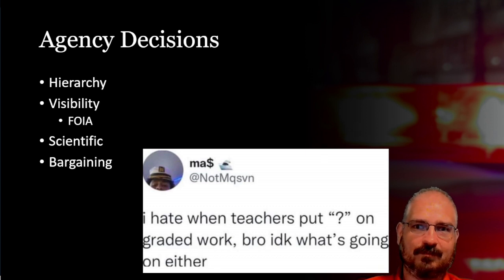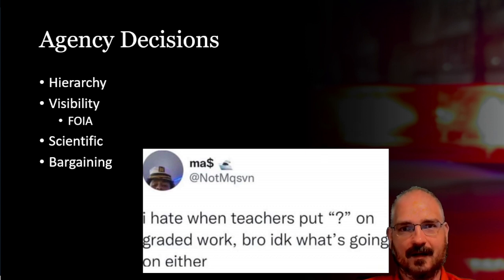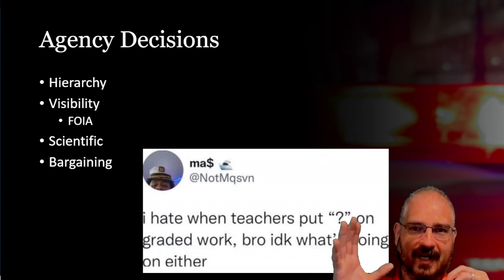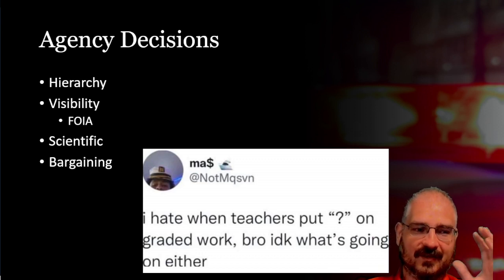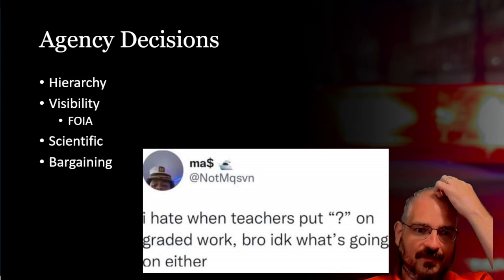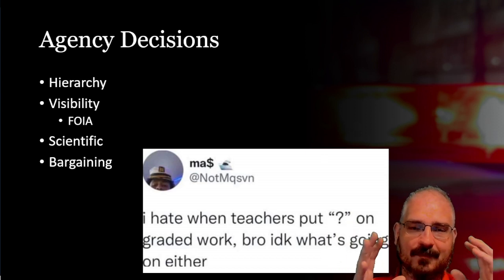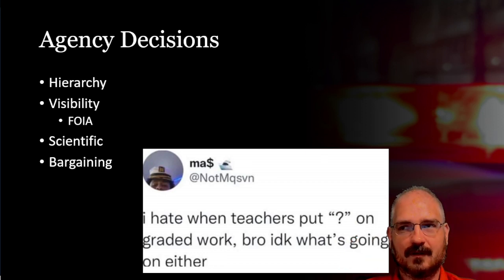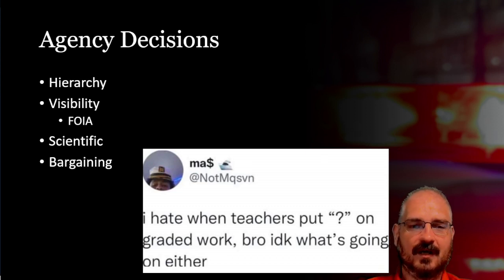And then, of course, there's just bargaining, right? We're making a rule that two groups have opposing views on. One group says we need to be really strict and set really high standards, and another group says, no, we need low standards or no standards at all. And so the agency might bargain and figure out a way to make both groups not necessarily completely happy, but find a good compromise between those two positions.